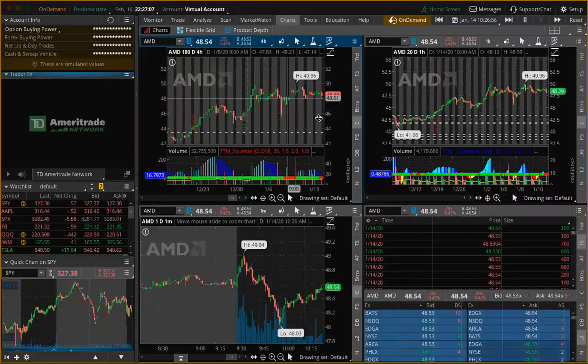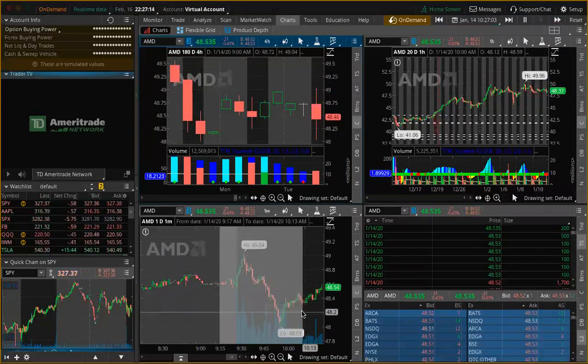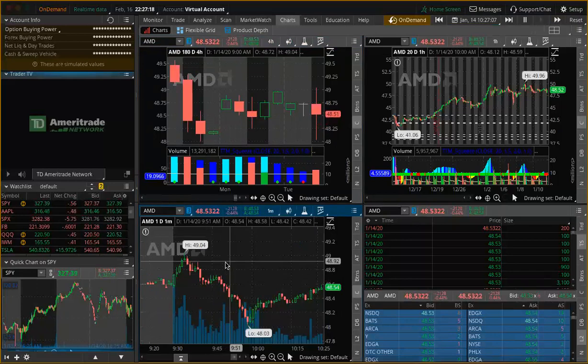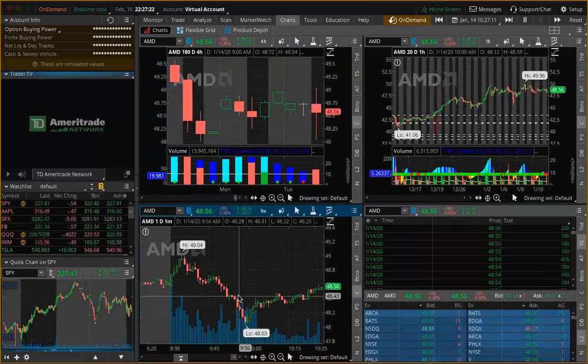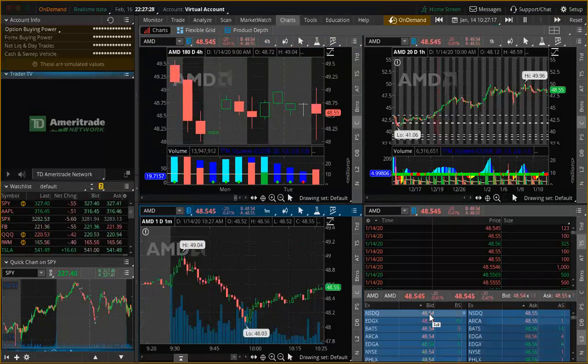So we can see we hit the 49.04 level and then it rejected, created a new low, 48.03. So here I entered at 10:28. It's a minute away.